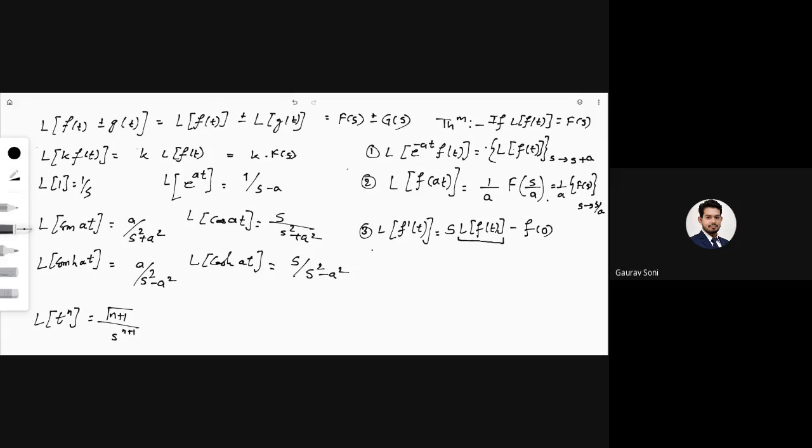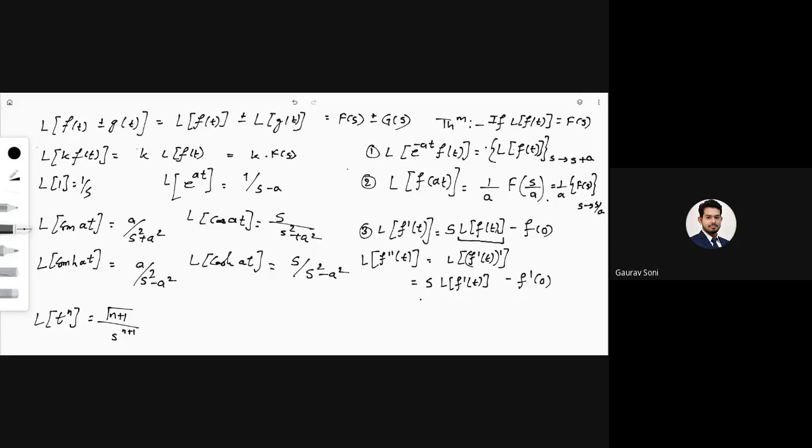this can, of course, be generalized to the Laplace of the second derivative, f double dash of t. So what I can do is take the Laplace of f dash of t, its derivative. By this formula, we have s times Laplace of f dash of t minus f dash of 0.